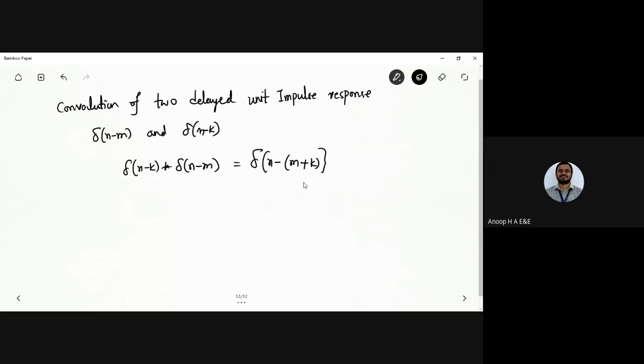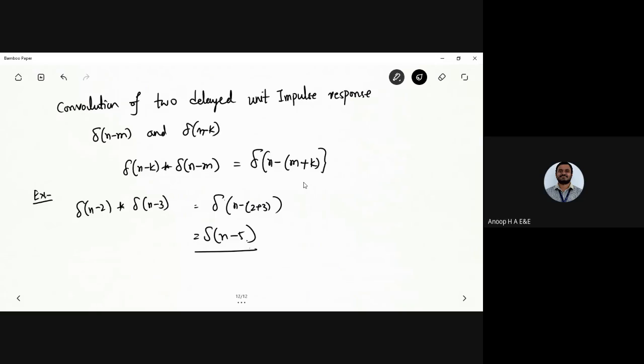So for example, delta of n minus 2 convoluted with delta of n minus 3, that would be delta of n minus (2 plus 3). Okay, that is 5, delta of n minus 5. So straight away you can write the value, that is delta of n minus 5.